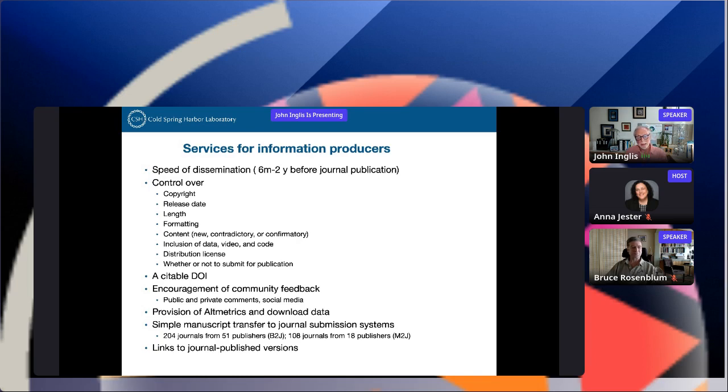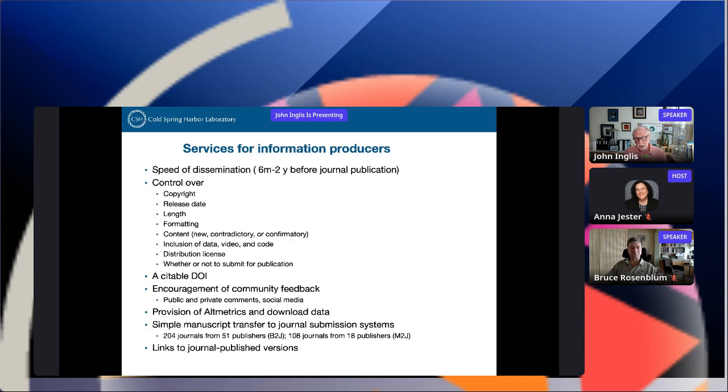And in addition, we offer the opportunity for an author to submit their manuscript directly to a journal into the submission system of a journal from within bioRxiv and medRxiv.